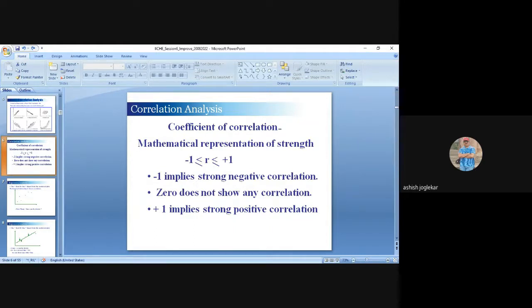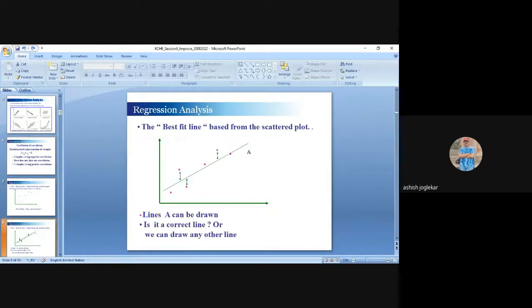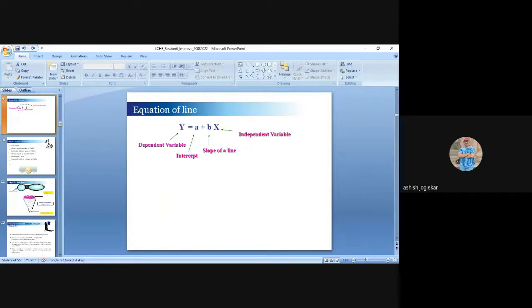The range of the relationship is -1 less than r less than +1. -1 implies strong negative correlation, and +1 implies strong positive correlation. So how do we find out the coefficient of correlation? When you draw a baseline curve like this, we get a relationship called y = a + bx, where y is the effect or the problem statement, a is the intercept, b is the slope of the line, and x is the independent variable.